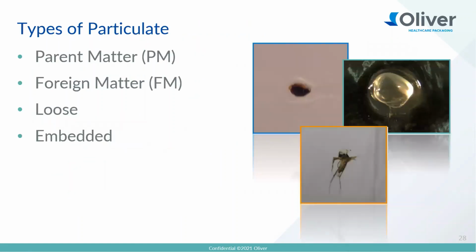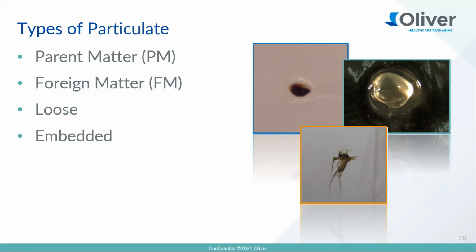To help people think about particulate in the right way and assess it properly, I think it helps to look at the different categories and types of particulate that can occur. I'm going to talk about parent matter versus foreign matter, and loose versus embedded matter as well. Parent matter is anything that is part of the materials themselves, and foreign matter is anything foreign to the materials or the processing.